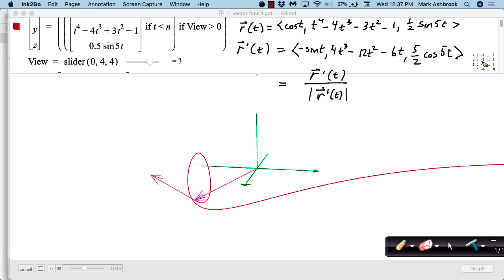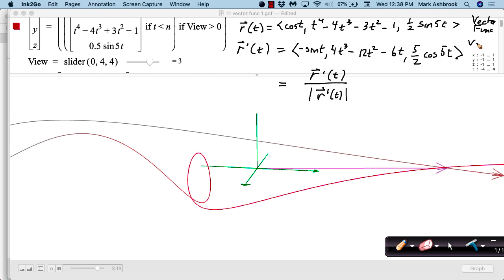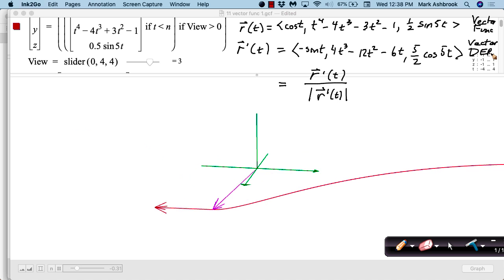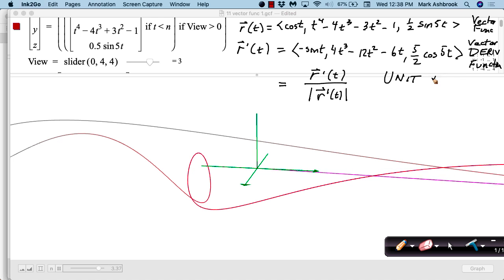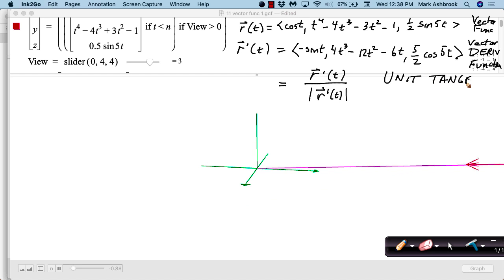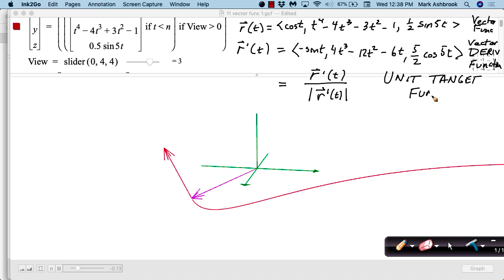Okay, this is the original vector function. This is called the vector derivative function. And this is called the unit tangent function, because it gives a set of unit tangent vectors, right?